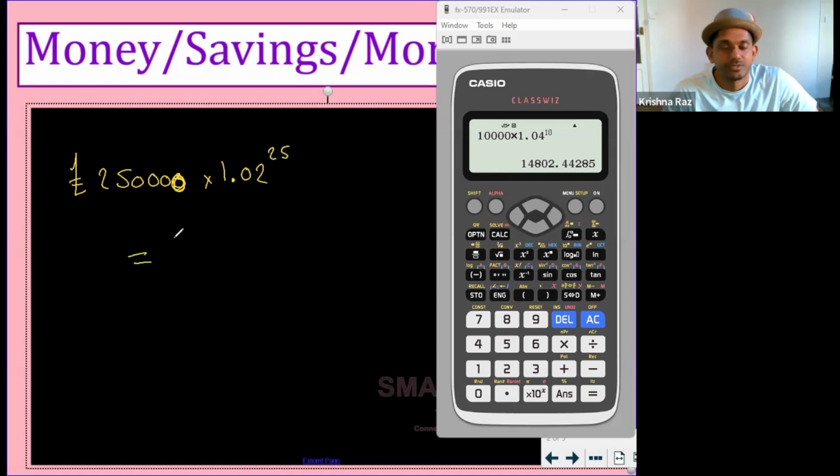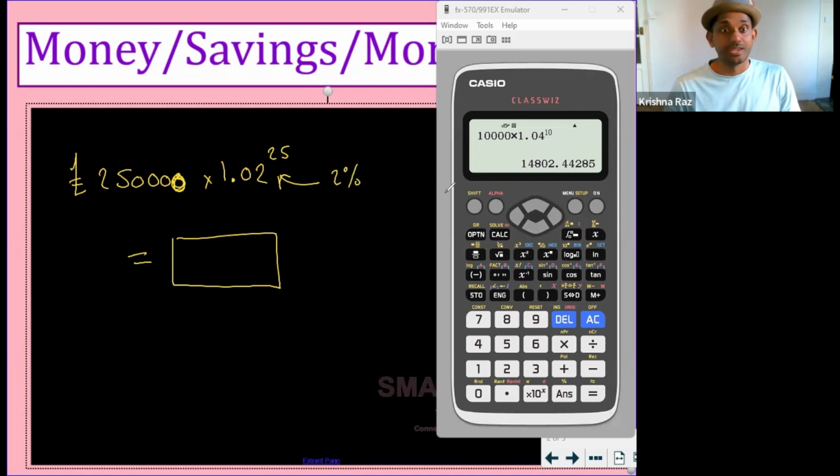That 1.02 represents a 2% interest rate increase. So we type in 250,000 times 1.02 to the power of 25. My house will be worth, in this scenario, £410,151.50 in 25 years' time.